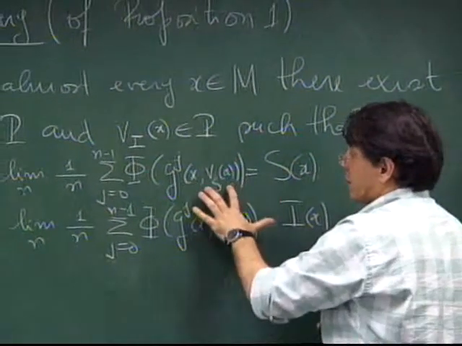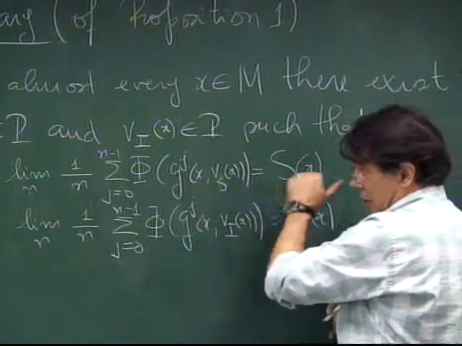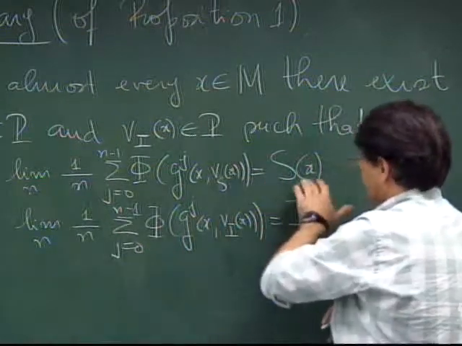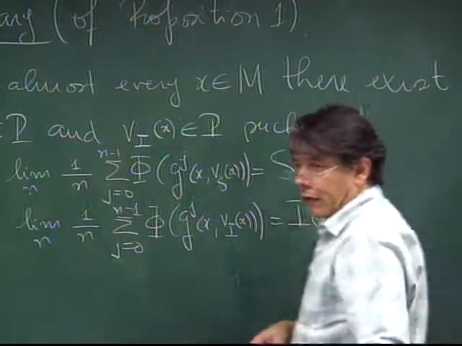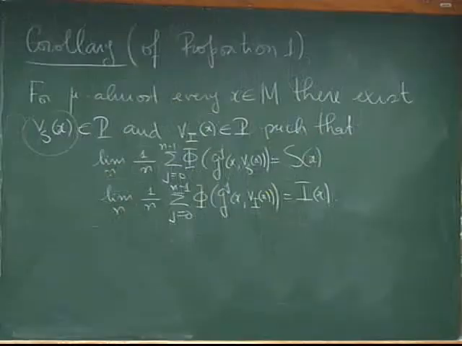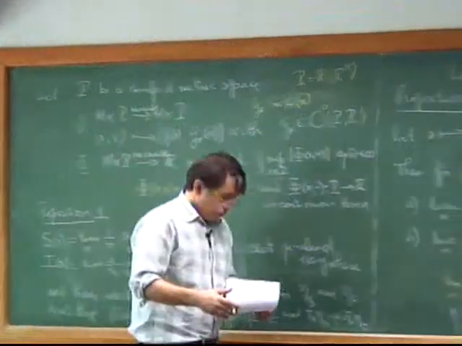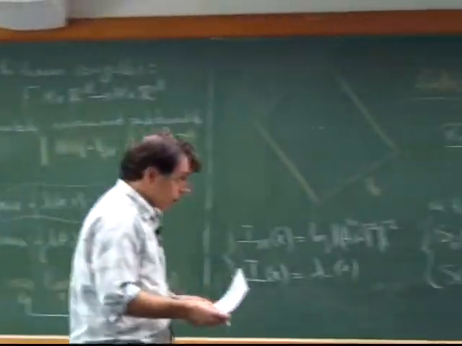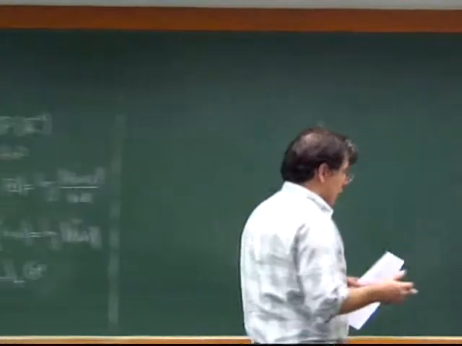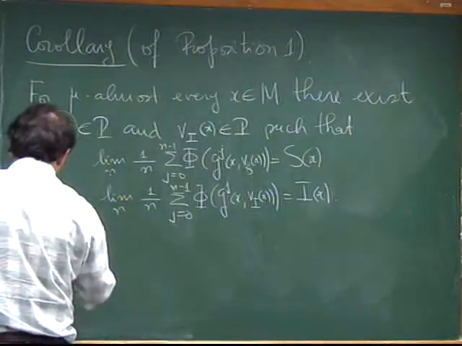What the corollary is saying is that you can take the same vector, do the calculation for this vector, and you'll get the supremum. And the vector does not depend on n. That's the difference with respect to what is here. To the definition. This is just a definition. So how do we get that vector? I have to explain that first, and then I'll be able to prove proposition 2.